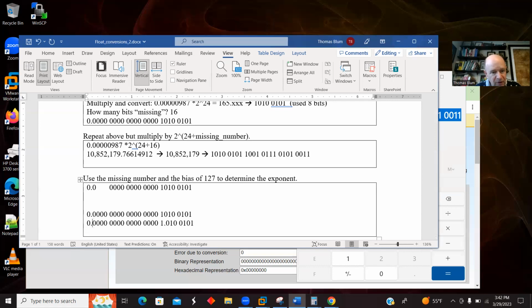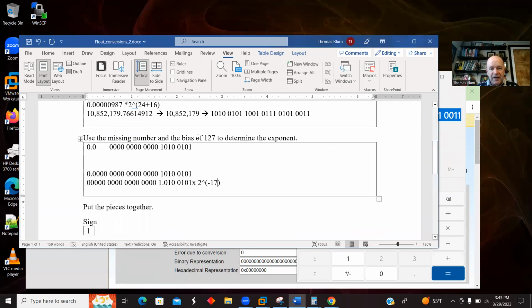And all those leading zeros, which are meaningless, I have to multiply by 2 raised to the minus 17. So I'm moving the dot in a way that makes the number bigger, so I have to multiply it by a negative power of 2 to compensate, and that number is minus 17.